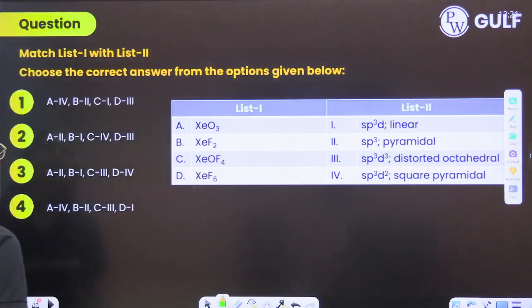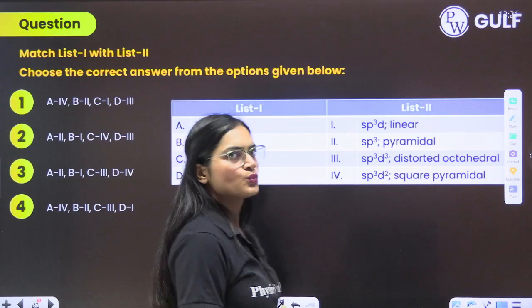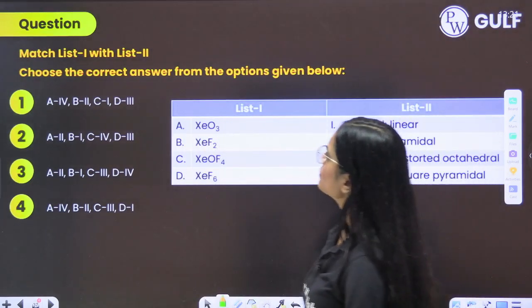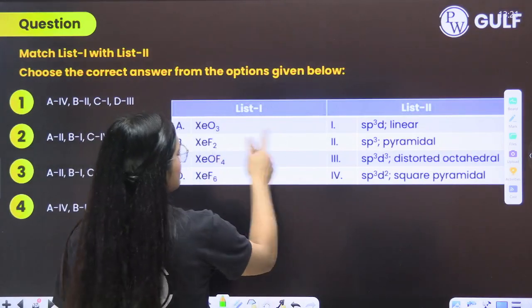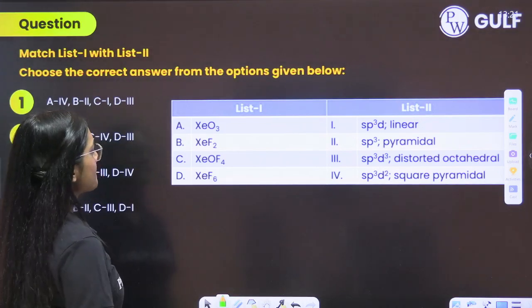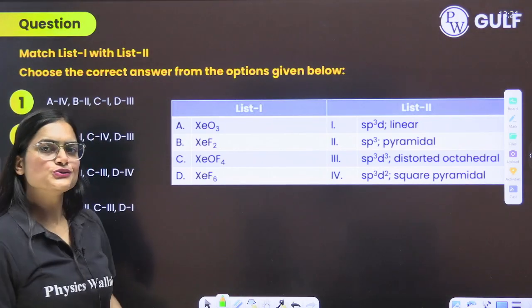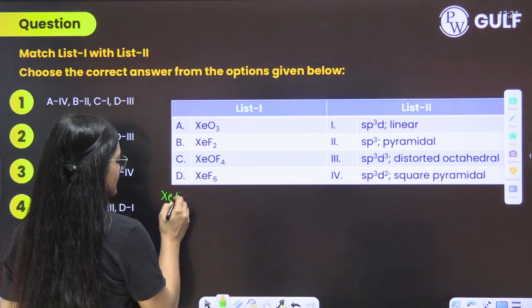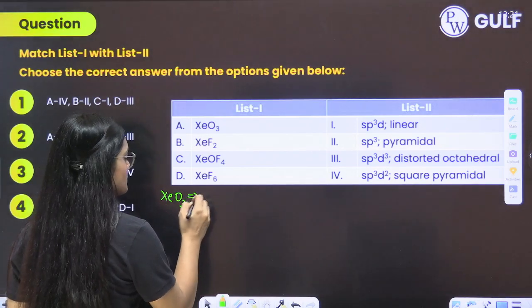Next question we have is match list 1 with list 2. But it was easy, VSEPR theory. They're asking you XeO3 hybridization and its shape. You can find that out very easily by using the steric number. If I talk about XeO3, let's find out its steric number.